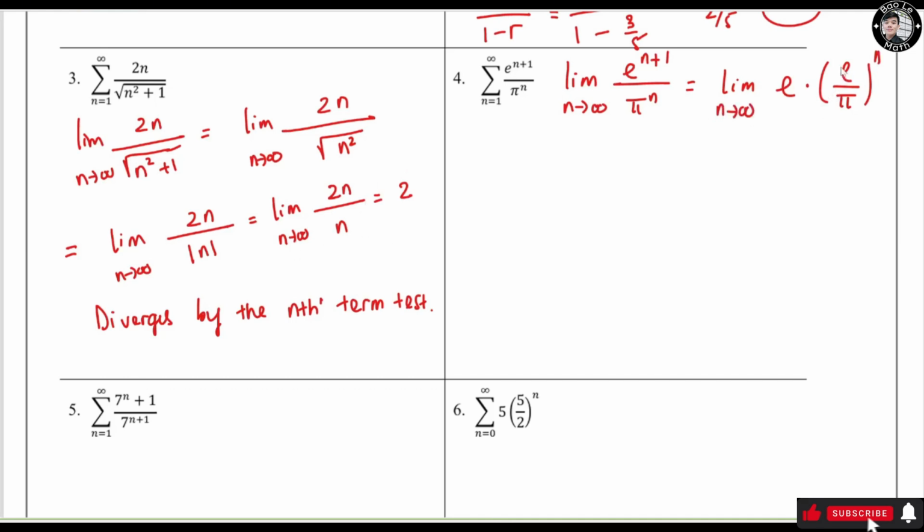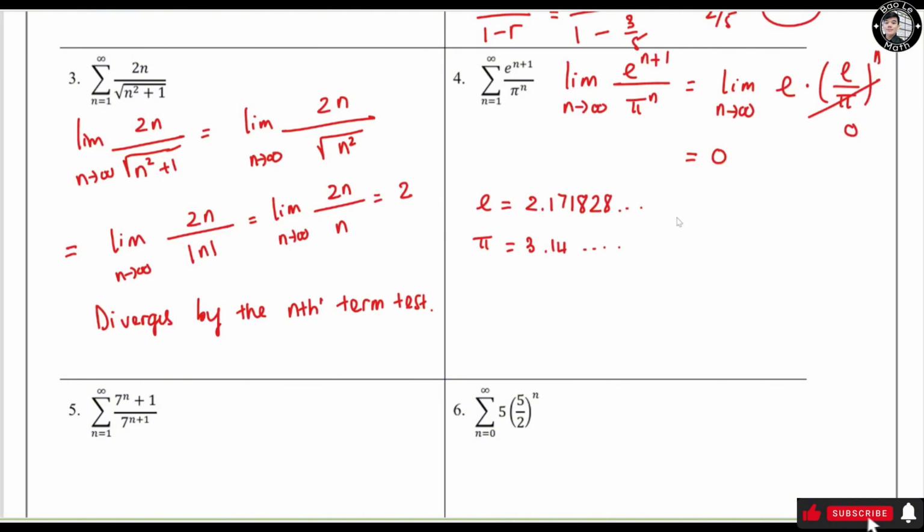Now this actually equals 0, because e equals 2.71828, etc., and pi is 3.14 something. So the top is less than the bottom. When n approaches infinity, this approaches 0. 0 times e is going to be 0.